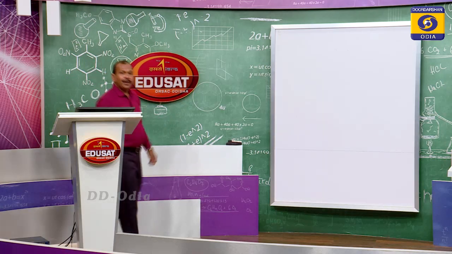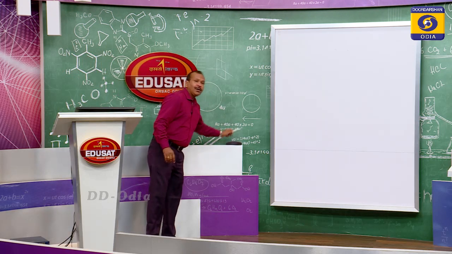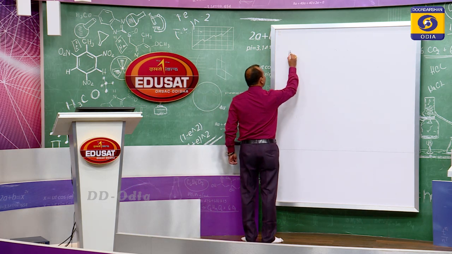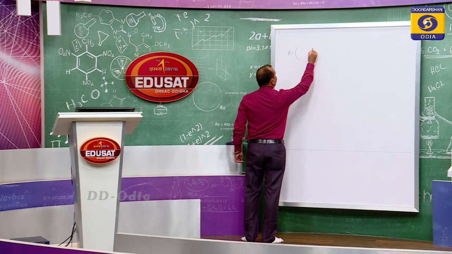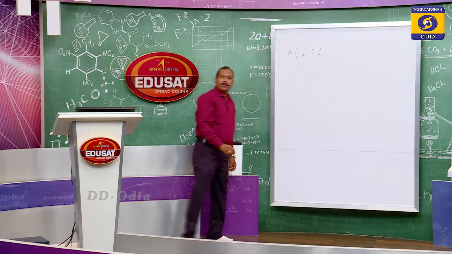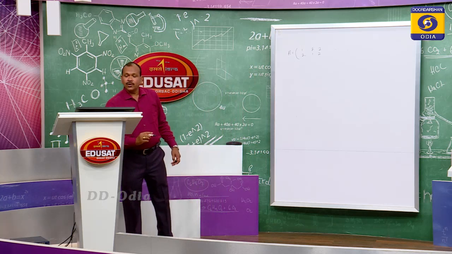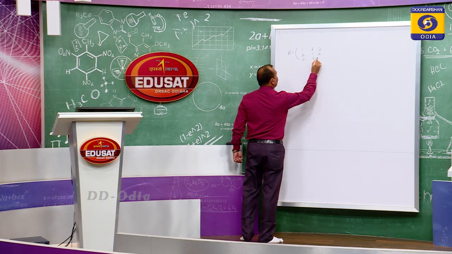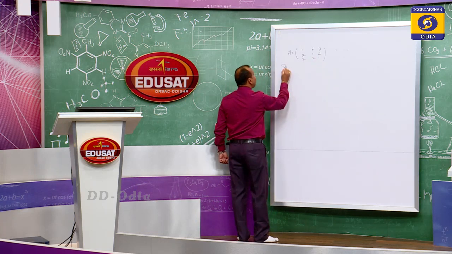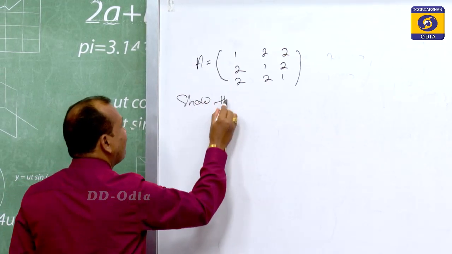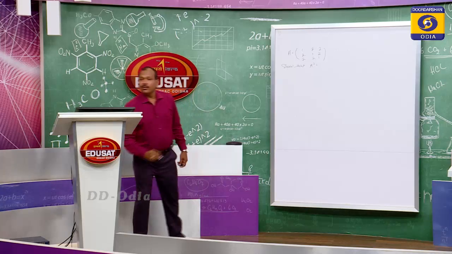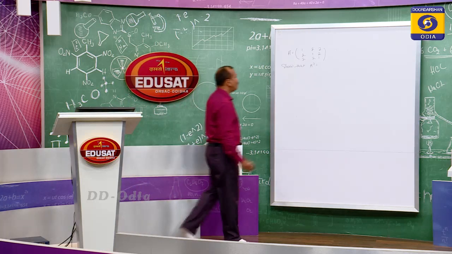Here A is the matrix 1 2 2, 2 1 2, 2 2 1, and we have to prove A square is equal to 4A plus 5I.